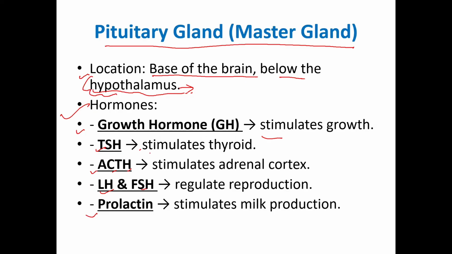Thyroid stimulating hormone stimulates the thyroid. Adrenocorticotropic hormone stimulates the adrenal cortex. LH, luteinizing hormone, and follicle stimulating hormone regulate reproduction in both male and female. Prolactin stimulates milk production in females.